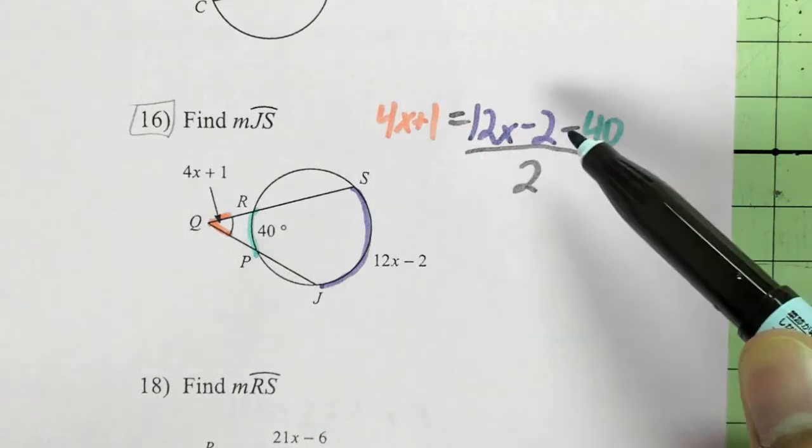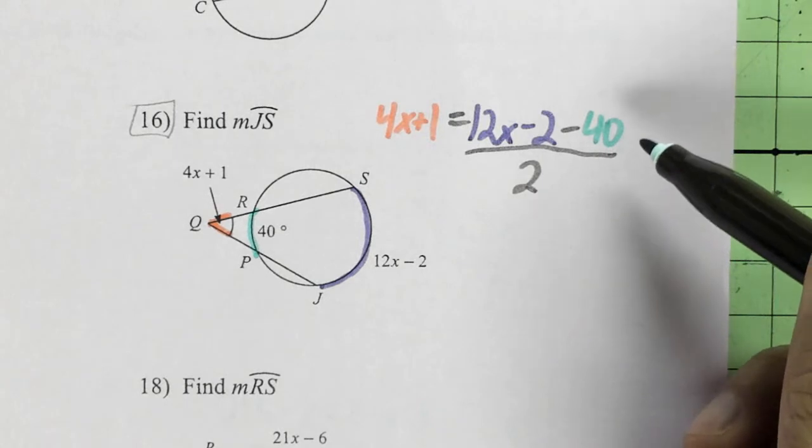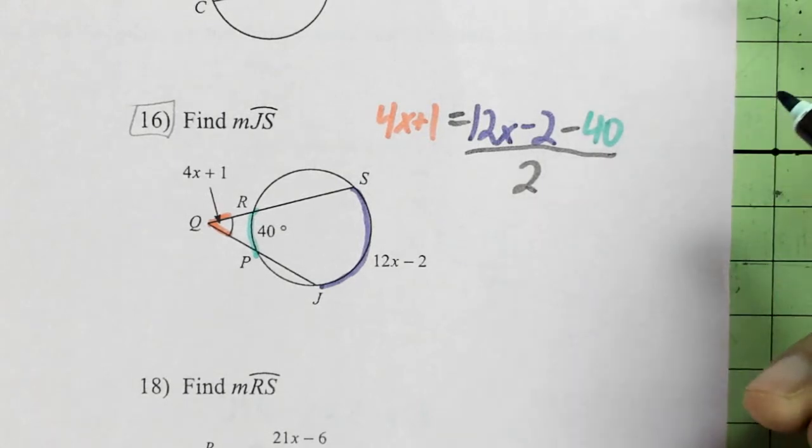Angle equals far arc minus near arc divided by 2. In this case, near arc is just 40, so we don't have to worry about the parentheses.